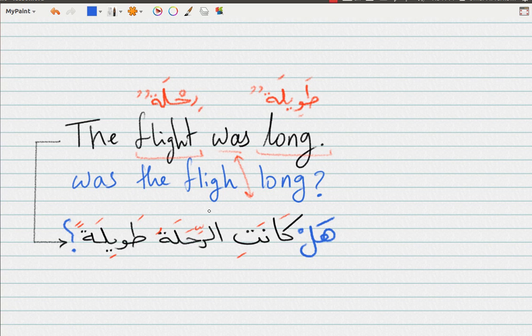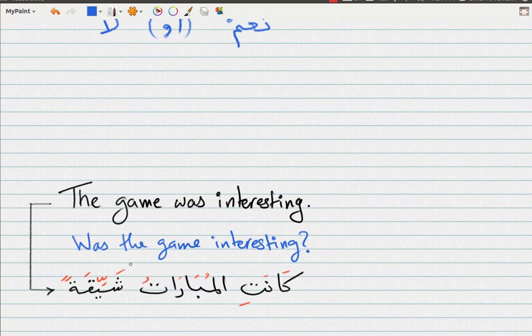It would be هل كانت الرحلة طويلة؟ Right? So exactly the same thing, and then also the same answers, whether نعم or لا. أو is the Arabic word for or. Next.